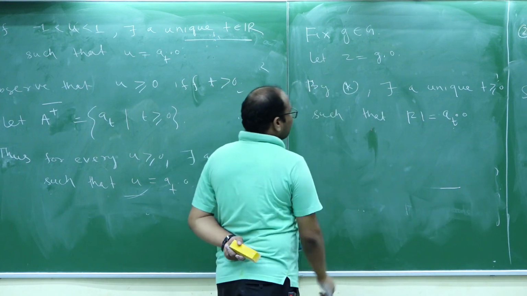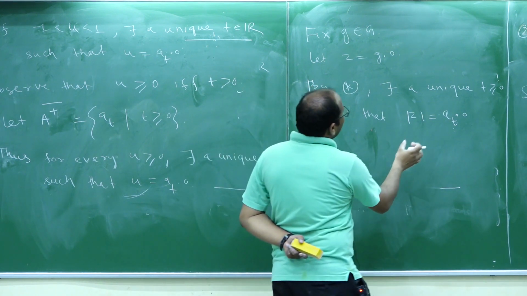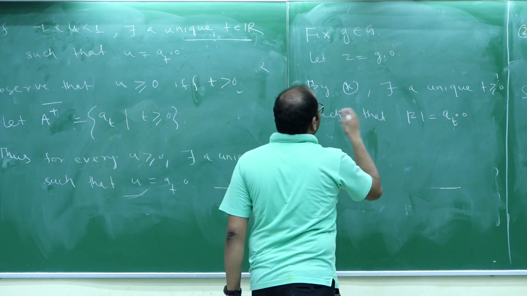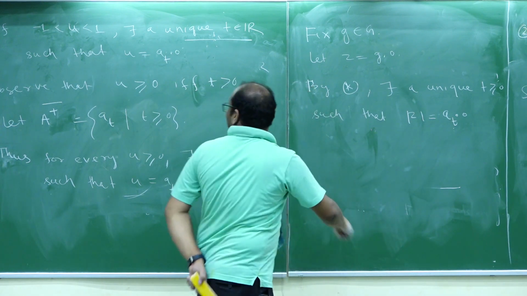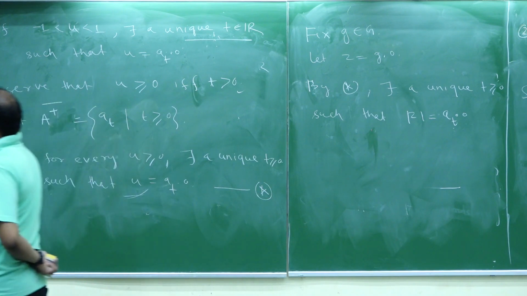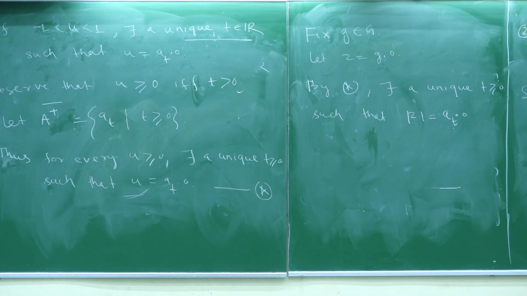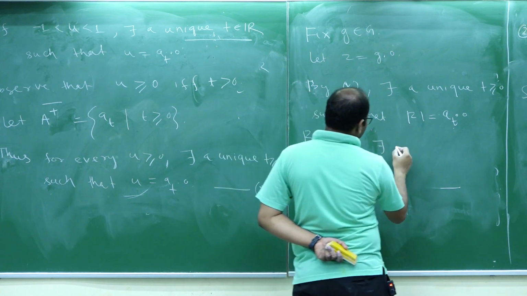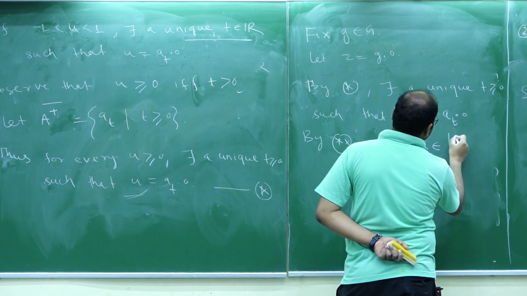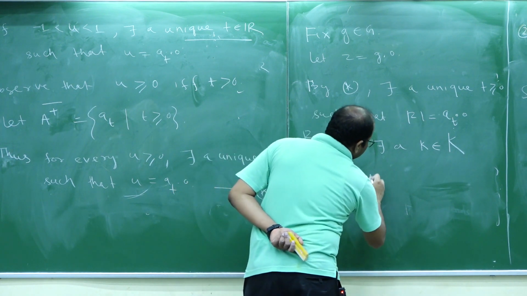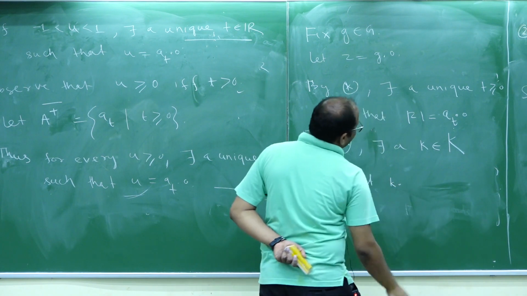Okay. Now that means since mod z and z have the same value, so this mod z and z belong to the same K orbit. By this double step, there exists a k belonging to K so that k·z is mod z.